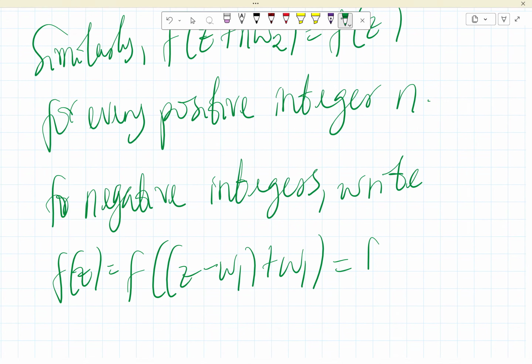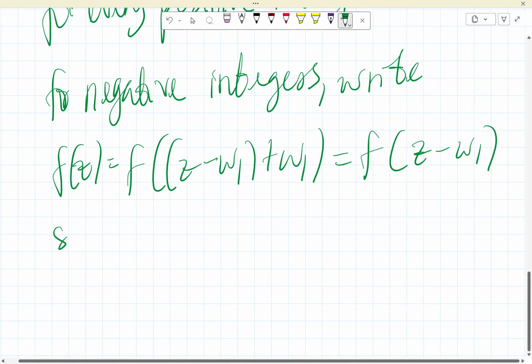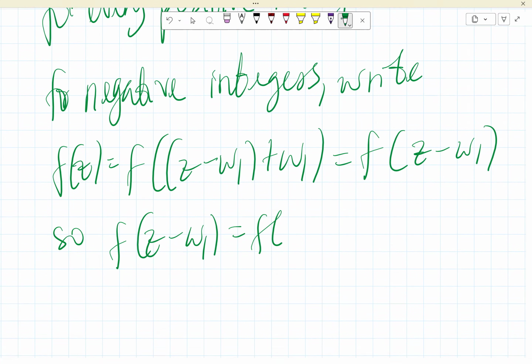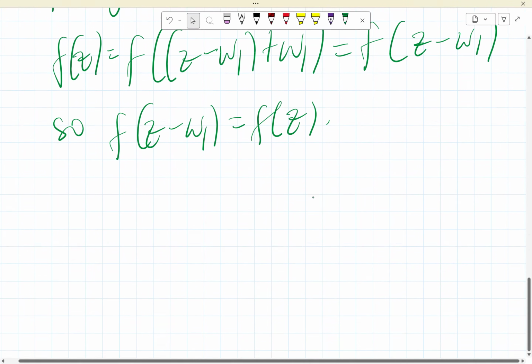So f of z minus omega 1 is equal to f of z.